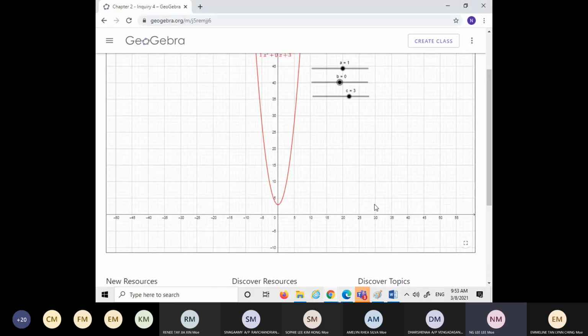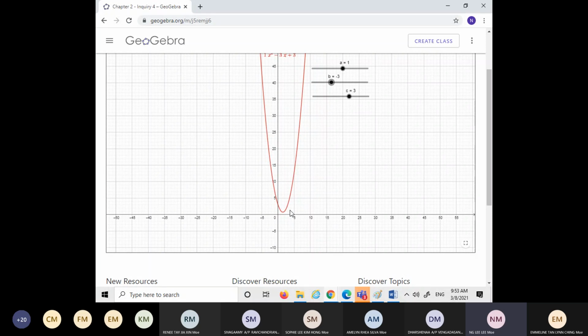Let us see. Now smiling face, y is positive. When B is positive, the vertex is on the left of the y-axis. When B is negative, the vertex is on the right side of the y-axis. Now last dot.